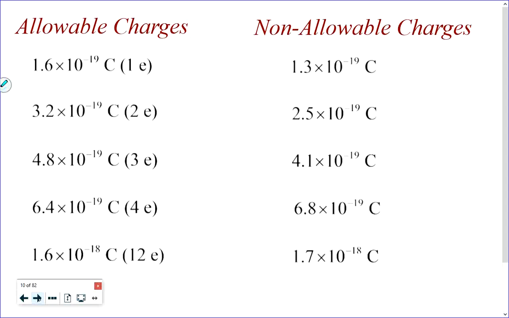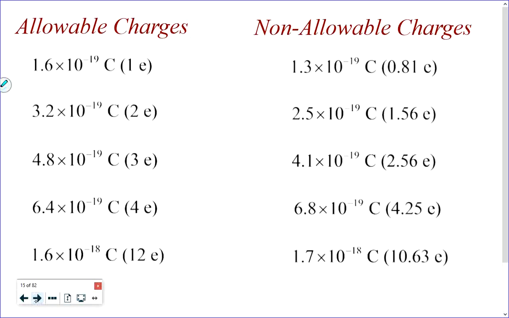If you were to take 1.3 times 10 to the negative 19 coulombs and divide by the elementary charge, which we know, Millikan didn't know, you get 0.81 of an electron. If you do the same for these other ones, you get non-integral numbers, is what we would say in science. You get a decimal number of electrons. And this forms the whole basis for his experiment.